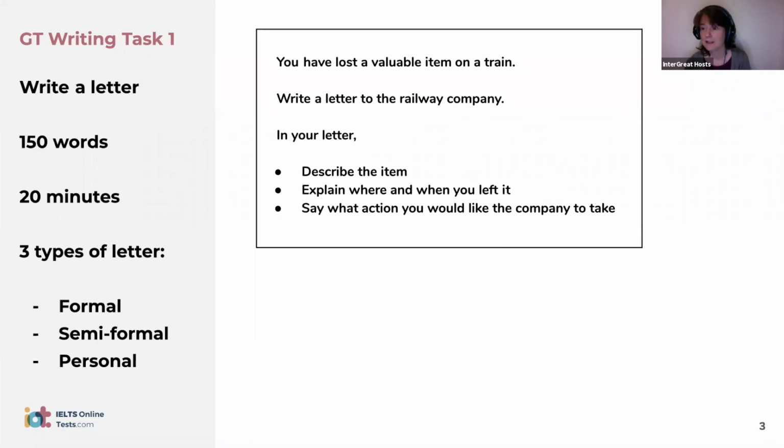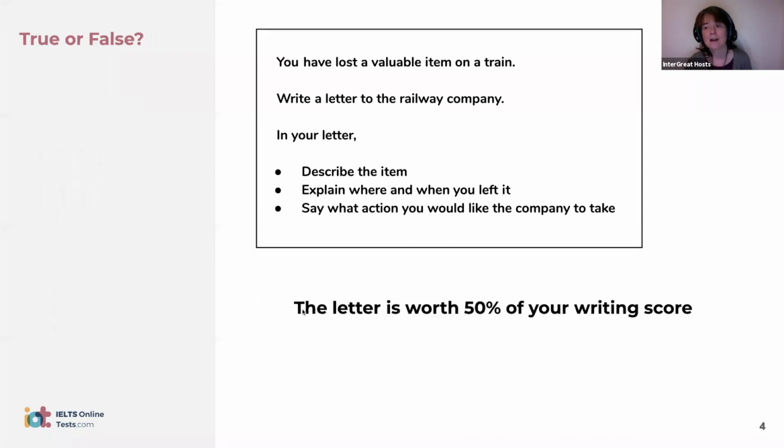So we'll look at each of those in turn in a moment, okay? But the first thing that you need to do when you get your task question is to check what kind of letter it is, because that's going to affect everything that you write, okay? Yes, you're right, Sidhu, this one is a formal letter.